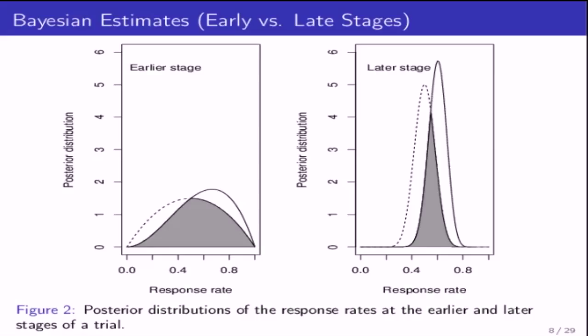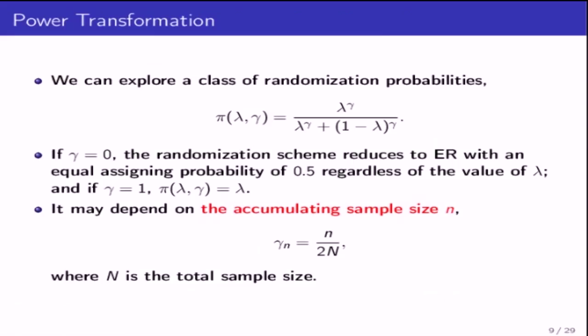By comparing the posterior distributions, you consider not only the posterior mean, you also consider the posterior variance. You can see the two distributions on the right panel are separated much more clearly than in the early stage. So that's one advantage of using Bayesian adaptive randomization.